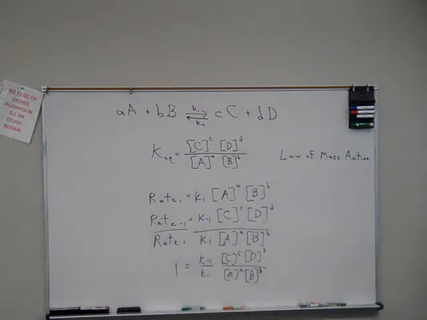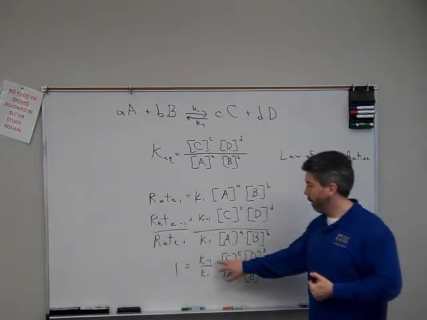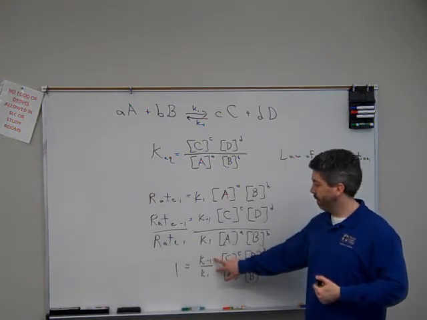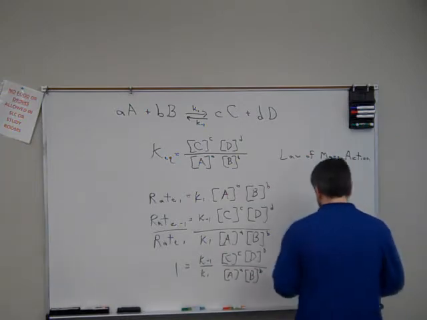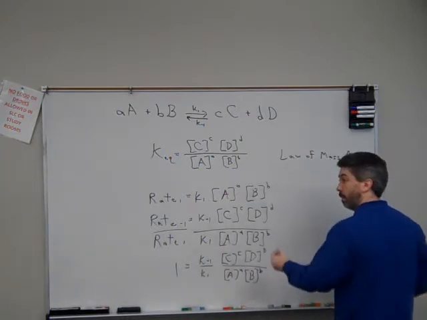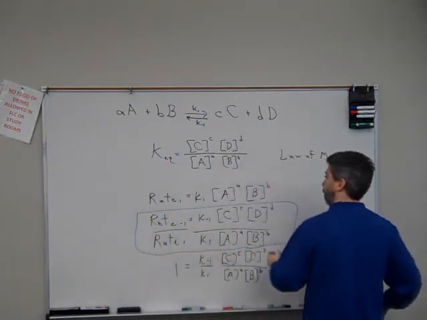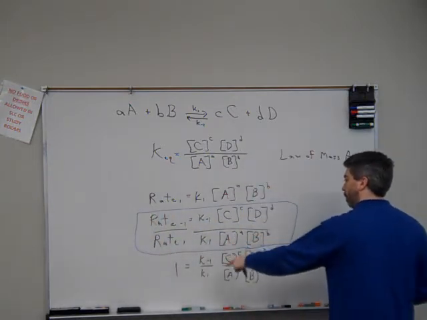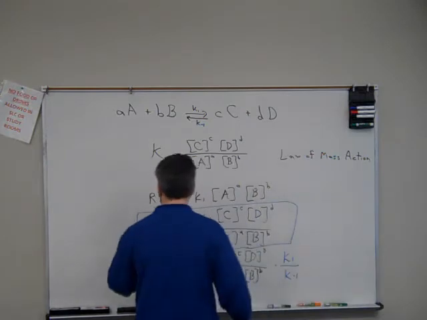Okay. The really interesting thing about this is that we don't necessarily know what the rate constants are, but if we multiply both sides by the reciprocal of this, okay, if we multiply both sides by the reciprocal of this gives you K1 over K negative 1.